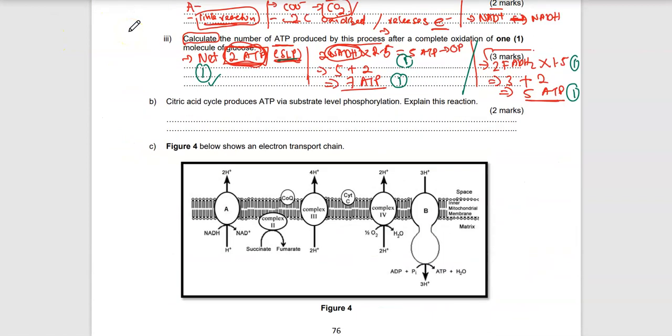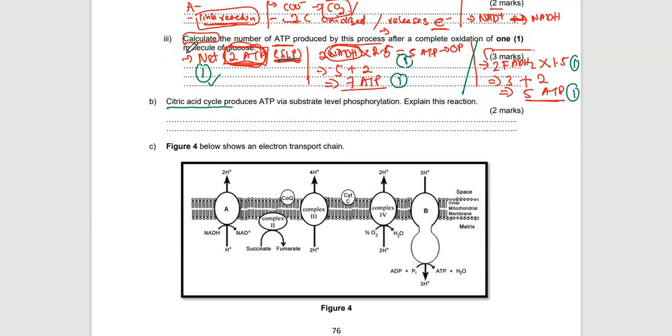Citric acid cycle produces ATP via substrate level phosphorylation. Explain this reaction. So citric acid cycle, the third stage of cellular respiration.